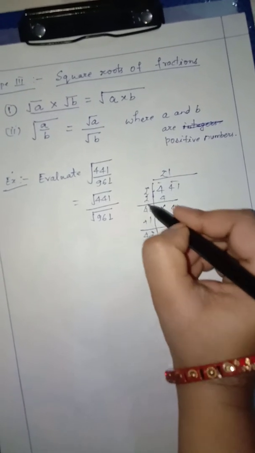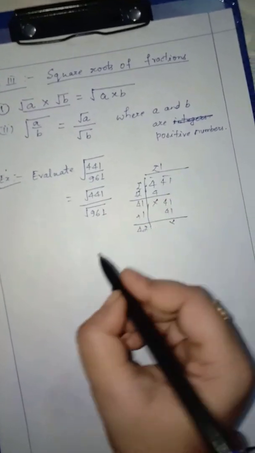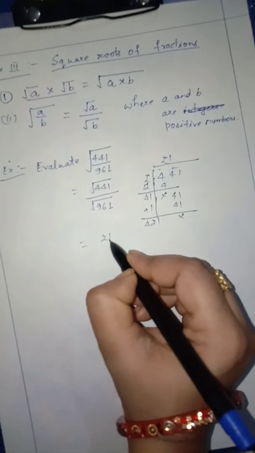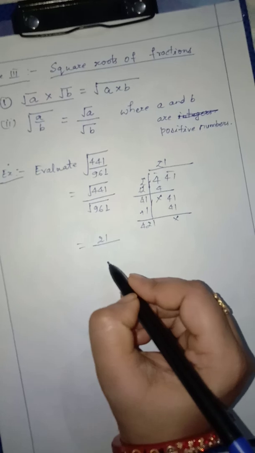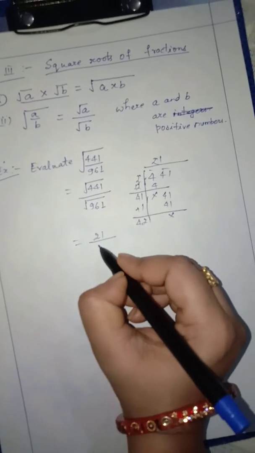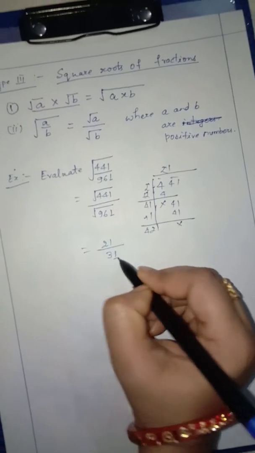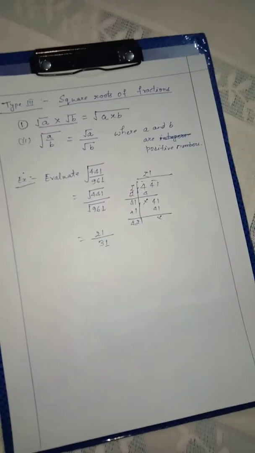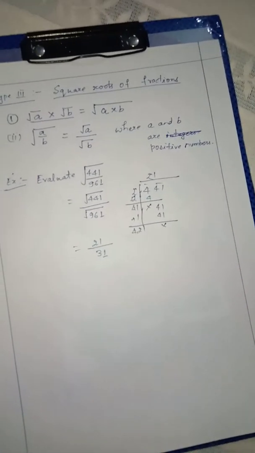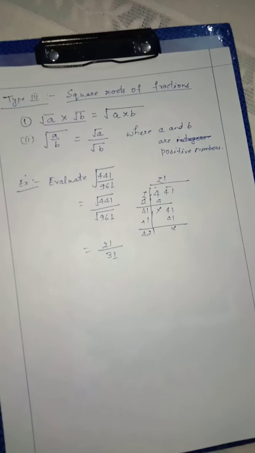The square root of 441 is 21, and the square root of 961 is 31. So it is very easy to find the square root of 441 divided by 961.